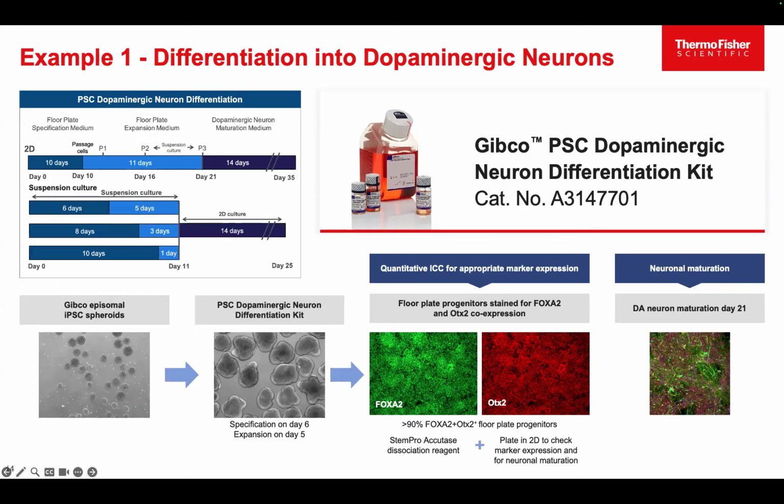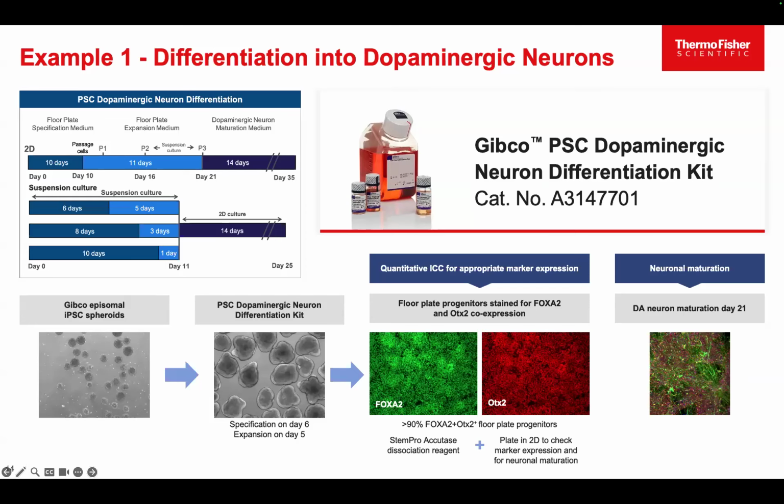FOXA2, just to give you a bit of background, is one of the first transcription factors expressed in the ventral midbrain. There are also some really interesting papers out there on gain and loss of function experiments indicating how FOXA2 is really important and necessary to produce midbrain neurons during development, but that it's also expressed down the road in adult dopaminergic neurons, where it helps regulate their survival. So FOXA2 is super important.